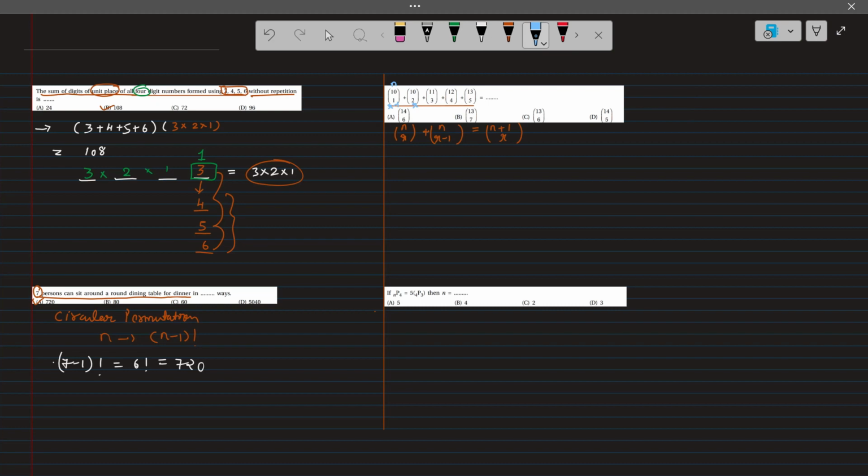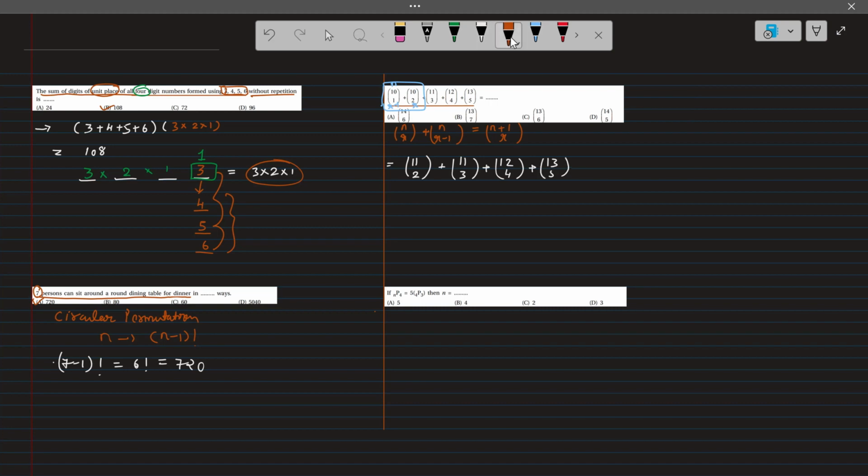So using this property for the first two terms, our answer should be n plus 1, that is 11, Cr means 2. So now we are left with 11C2 plus 11C3 plus 12C4 plus 13C5.